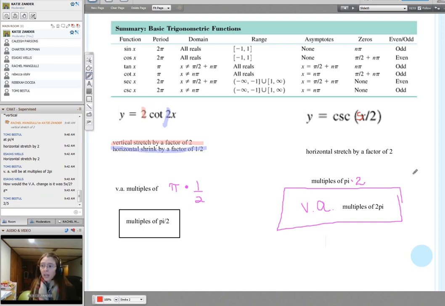So now you are shrinking, right, because 2/5 is less than 1. So it becomes a horizontal shrink by a factor of 2/5. And then your asymptotes are affected at 2/5 pi, right? So multiples of 2 pi over 5 is where your vertical asymptotes would occur. So essentially you're just taking whatever that factor was and multiplying that by pi to find your vertical asymptotes for the cosecant function.